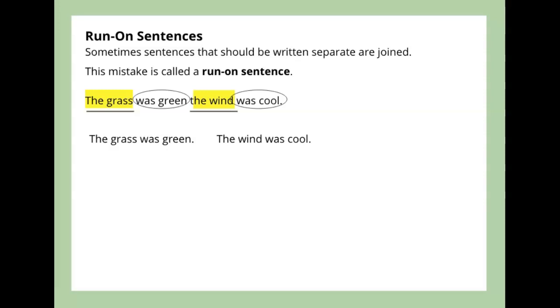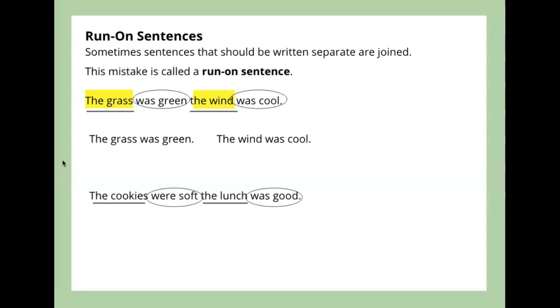Let's try another one. The cookies were soft, the lunch was good. Is this one complete thought? No, it has two subject parts, the cookies and the lunch, and two predicate parts, were soft and was good.